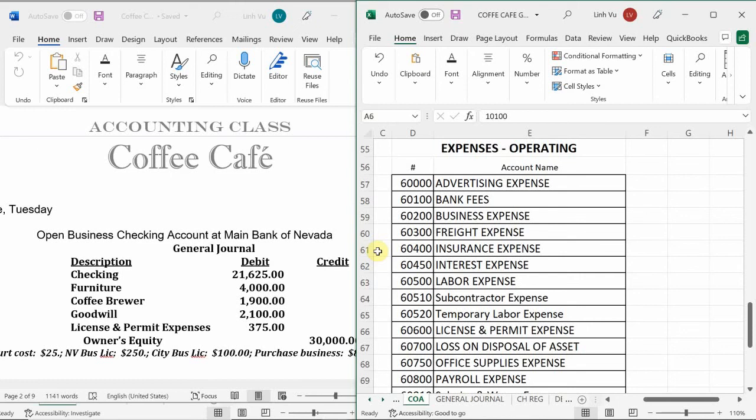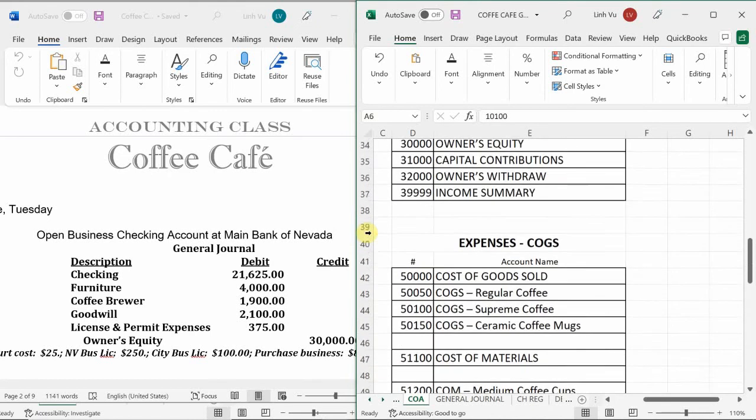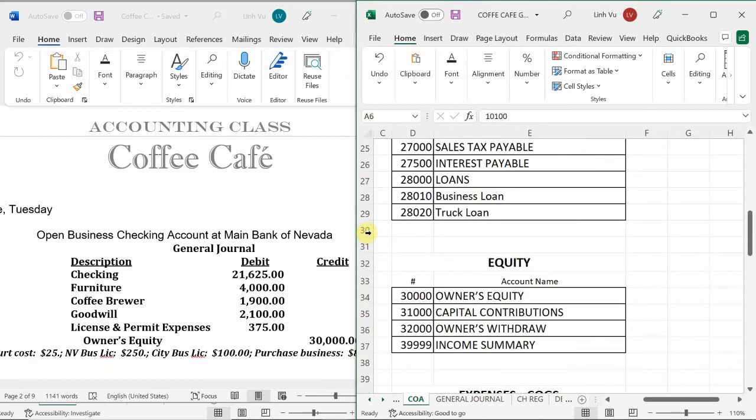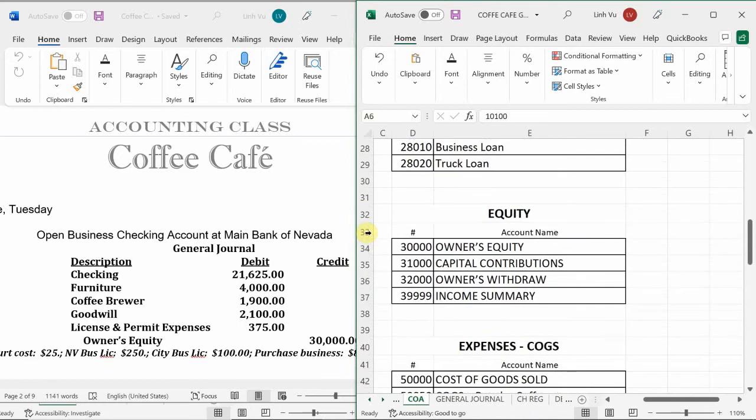Okay. 600. Okay. So in this case, we do have the accounts in our chart of accounts. And then equity, do we have owner's equity? Owner's equity. Yeah. 3. Okay. So now that we established that we have our chart of accounts, right?